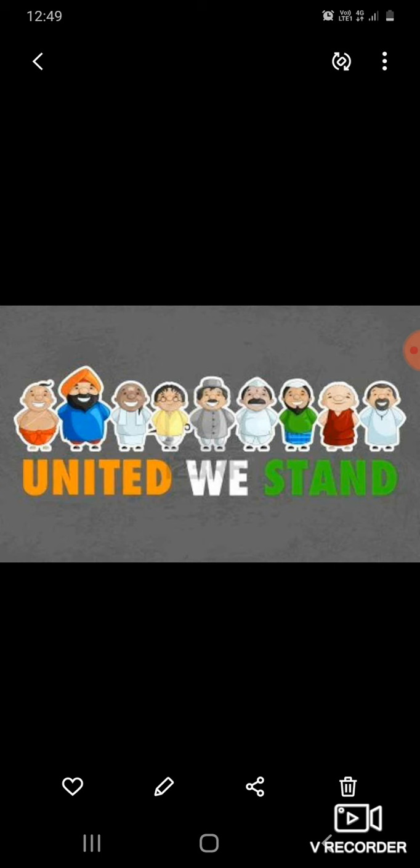Next one is unity in diversity. The living culture of communities that have faith in different languages, cultures and religions is called unity in diversity. Means there are so many differences, like language, culture and religion, and still we all feel that we are one. India is a diverse nation and ranked second in the world in population. Our country has geographical diversity also.